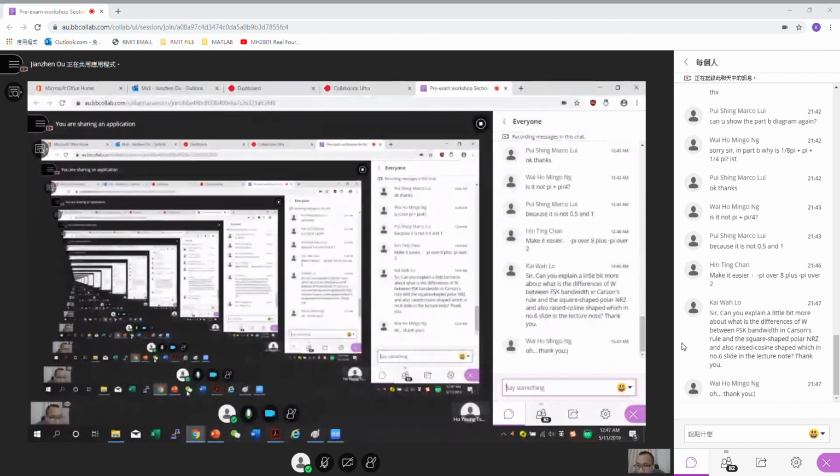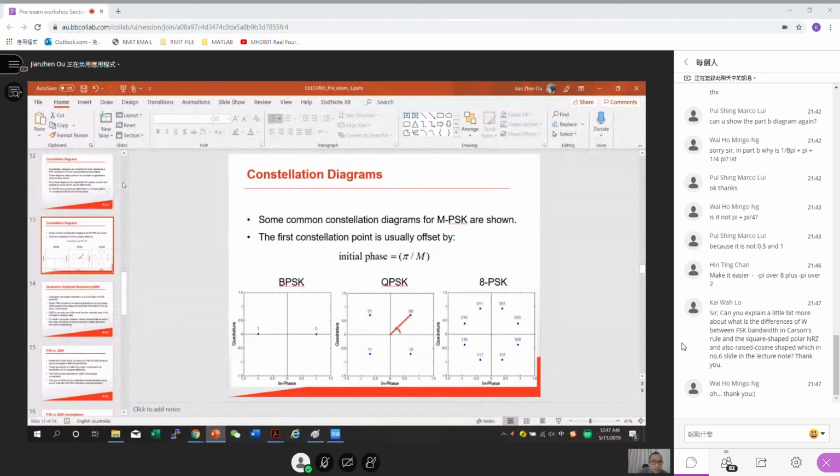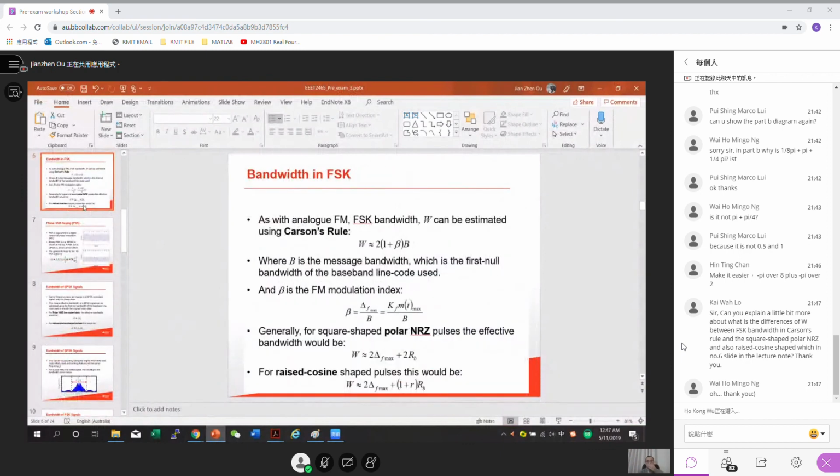Difference between the FSK bandwidth in blue and the square shapes, polar analysis. Okay, that's just number 6, yeah? Number 6. So now this is the bandwidth of the FSK, isn't it?